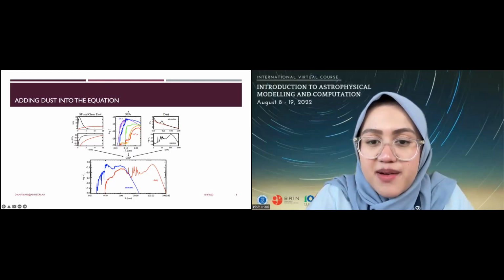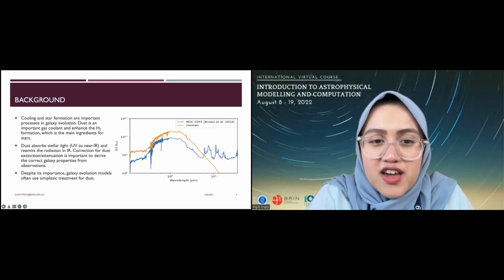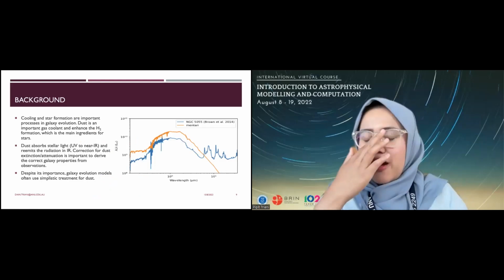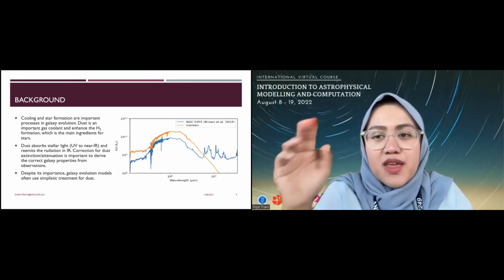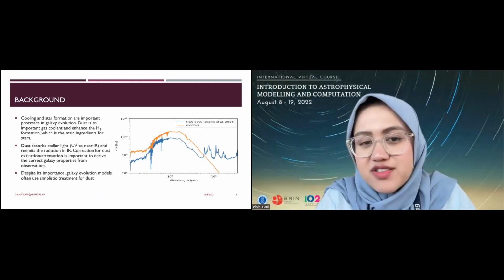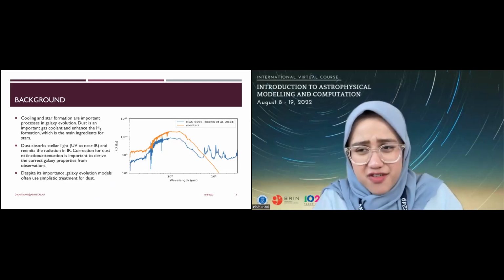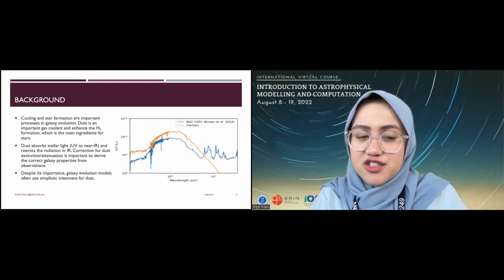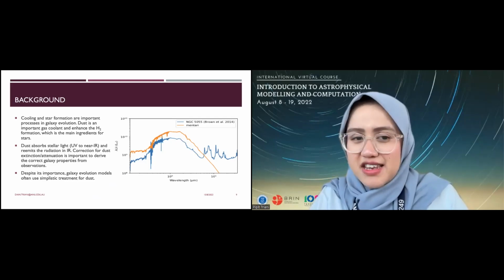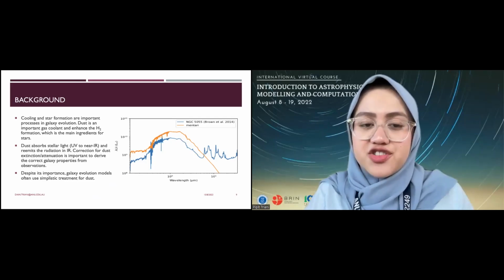Right? Yeah. So why we need to carefully model dust and metals is because, remember, the cooling process of gas is a very important process in galaxy evolution, and dust and metals are important gas coolants, and they can enhance the formation of molecular hydrogen.